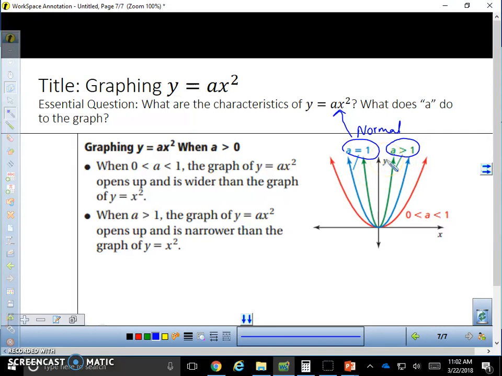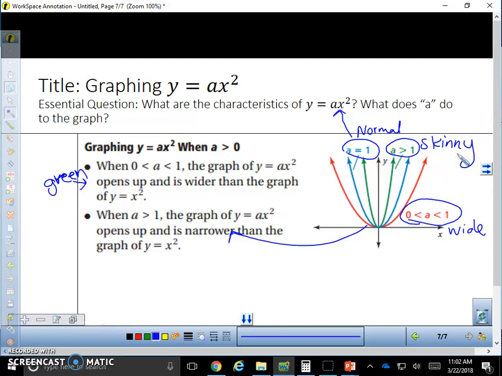So what does a do to it? If it's bigger than 1, it becomes skinny, and this is the green one. When a is between 0 and 1, it gets wide. So wide, skinny.